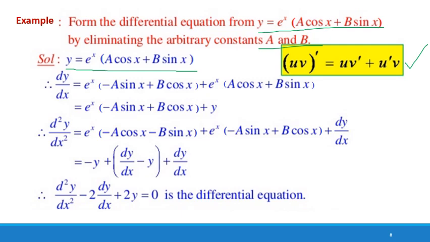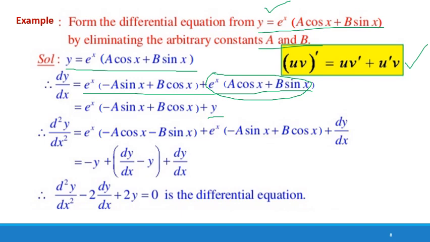We will differentiate this equation by using the product rule. When we apply the first derivative on this equation by applying the product rule, the answer would be this. And we can notice that this part is equal to the given equation. So we will replace this part with y.